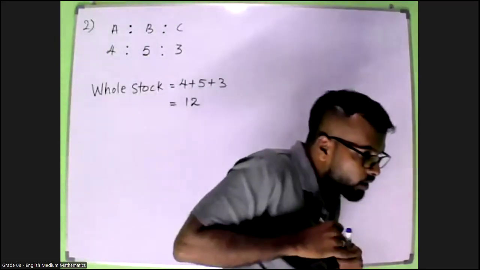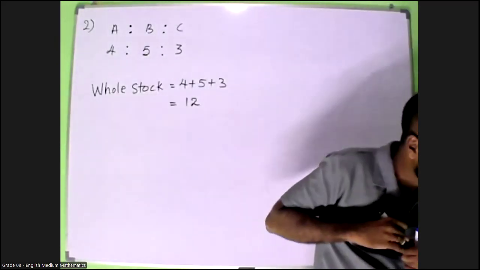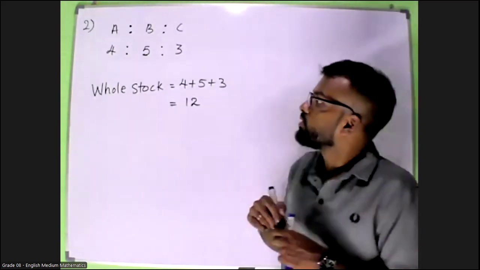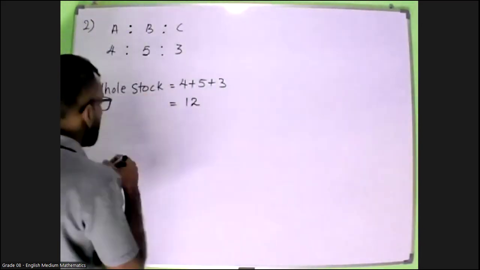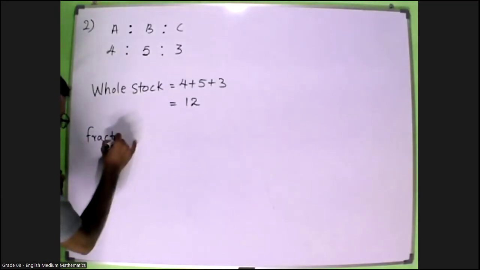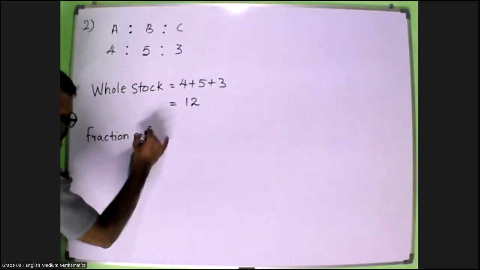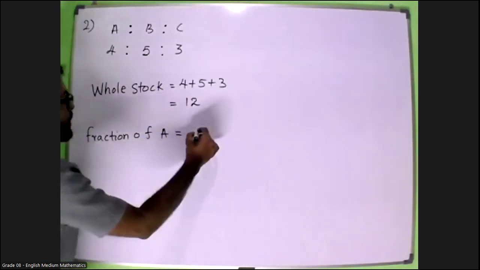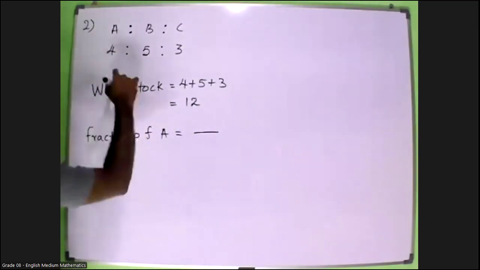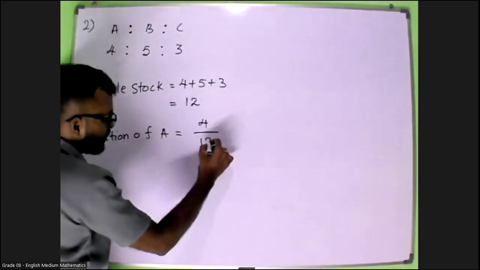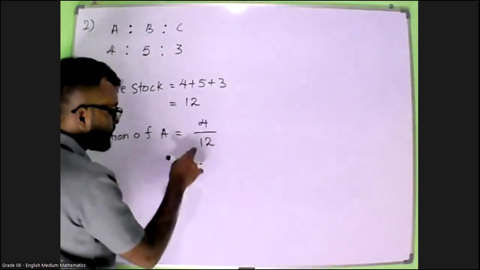So what is being asked? Fraction of the whole stock received by each family. So fraction of family A. I will write fraction of A. What is the part of A? 4. Whole stock 12. Can you simplify this furthermore?